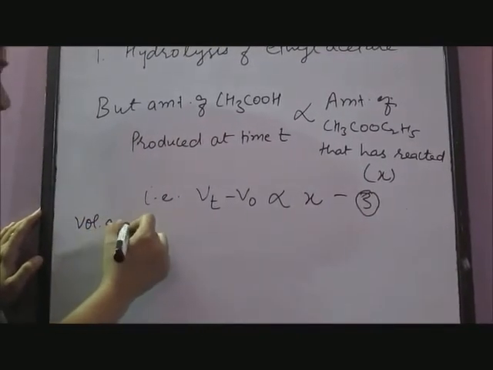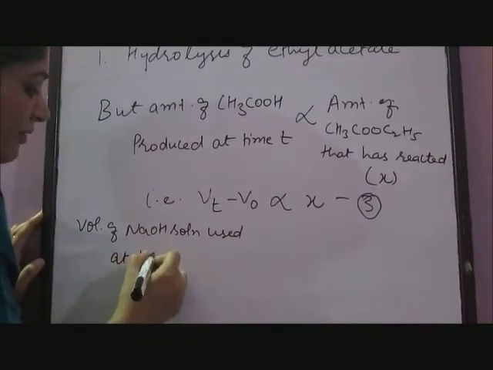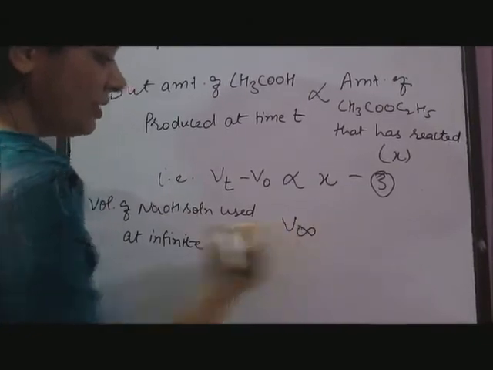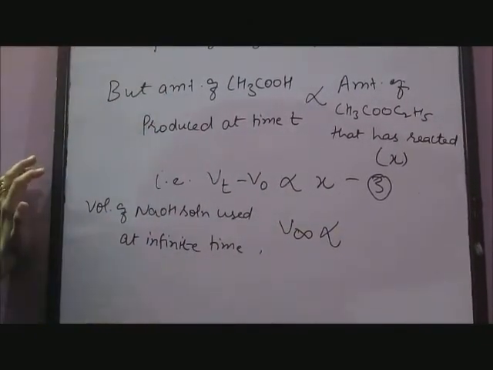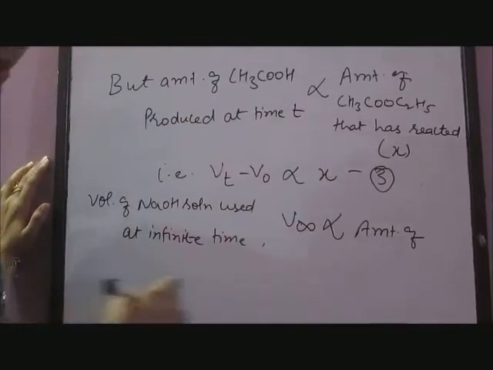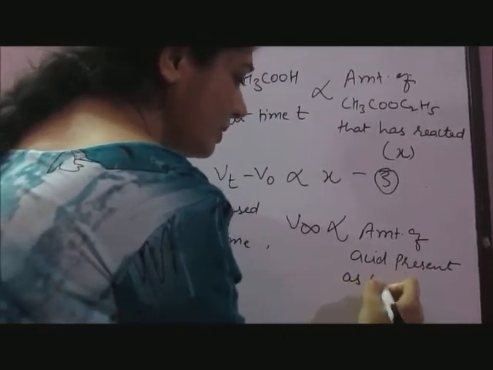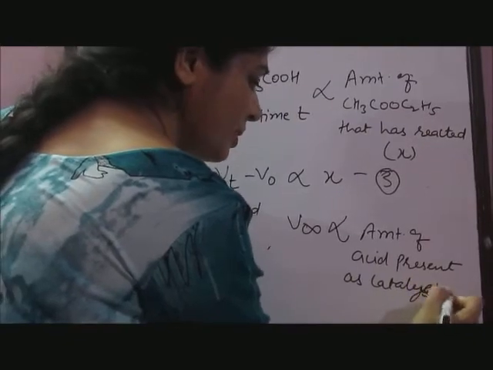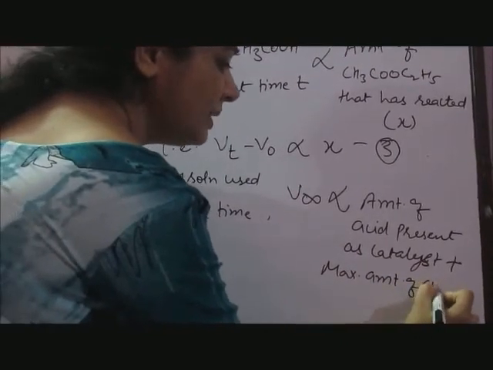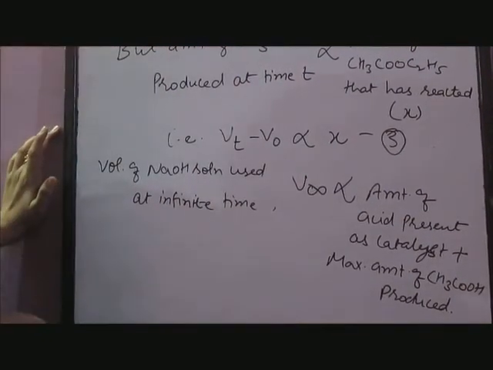Volume of NaOH solution used at infinite time is V infinity, which is proportional to amount of acid present as catalyst plus maximum amount of acetic acid produced at that instant.